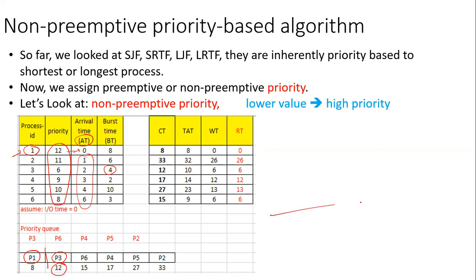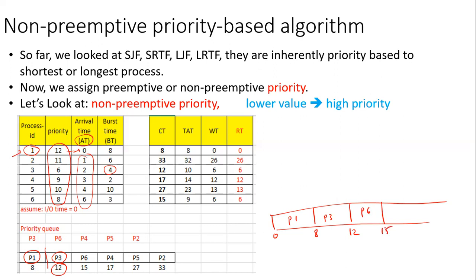I'll write down here on the side, it will be easier for you. P1 started at 0 and finished at 8. P3 is the next priority, finishes at 12. Do you agree? And then the next priority one, P4 or P6? P6. How much time does P6 require? 3 seconds.